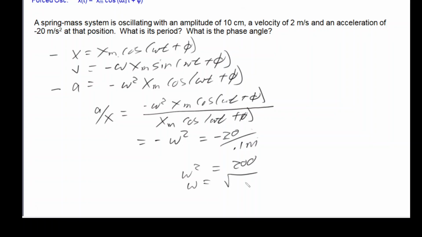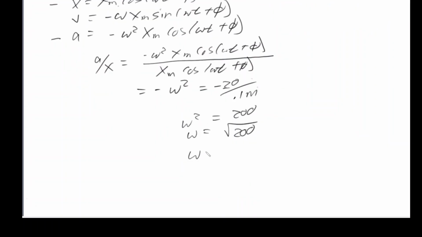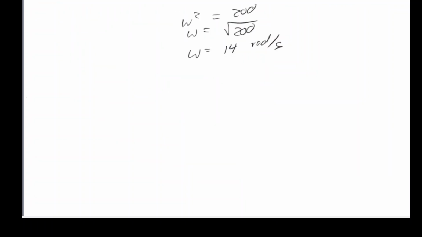Omega is equal to the square root of 200, or omega is equal to 14 radians per second. And we know that period is equal to 2 pi over omega. So that's equal to 2 pi over 14, which becomes 0.44 seconds. That's our period.